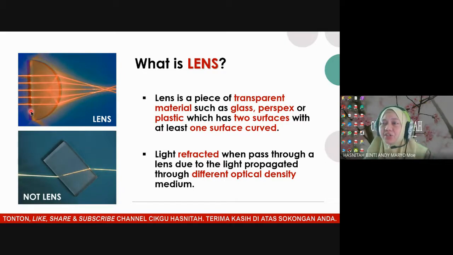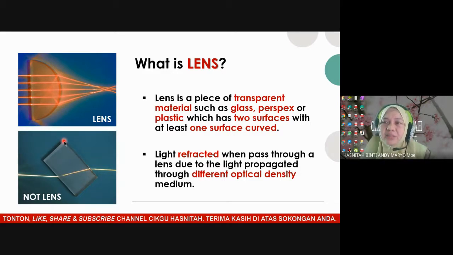While the second glass block down here, why is it not called a lens, students? You can see it also has 2 surfaces, the first surface and the second surface, but it does not have any curved surface.